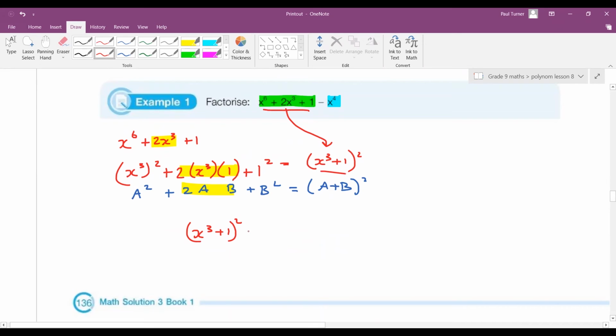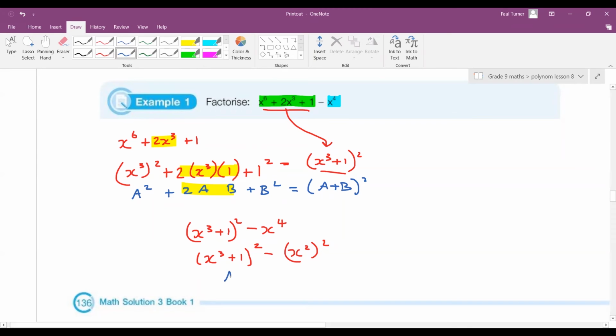And then I've got minus x^4 here. So we can make the x^4 (x^2)^2. So we'll do that: (x^3 plus 1) squared minus x^4, which is (x^2) squared. So now you see we have difference of squares.